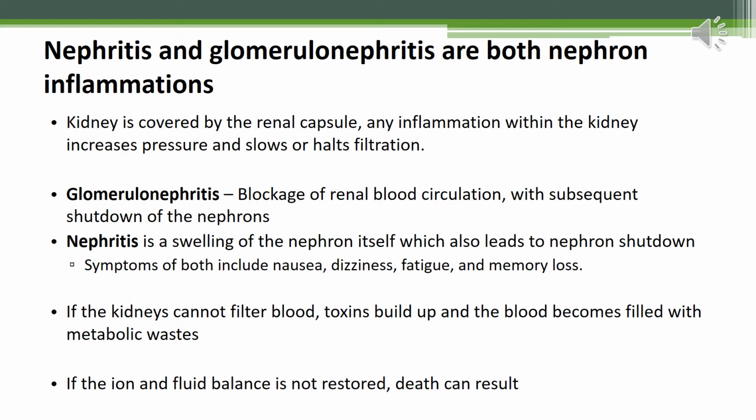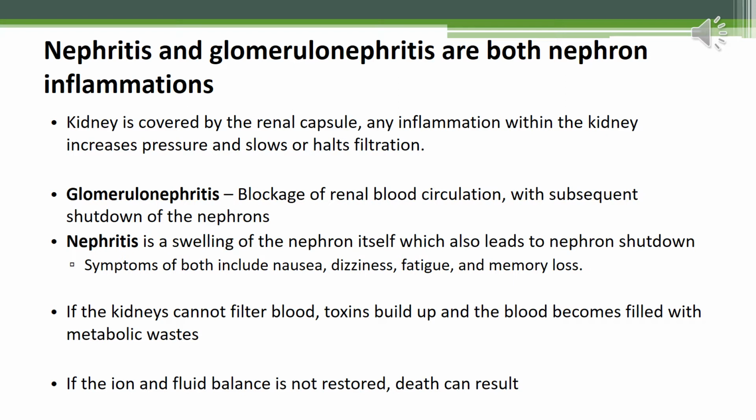Nephritis and glomerulonephritis are both nephron inflammations. And like I've said before, the kidney is covered by the renal capsule, and any inflammation within the kidney increases the pressure and slows or halts the filtration ability of the kidney. So glomerulonephritis is actually a blockage of renal blood circulation with subsequent shutdown of the nephrons, whereas nephritis is the swelling of the nephron itself, which also leads to nephron shutdown.